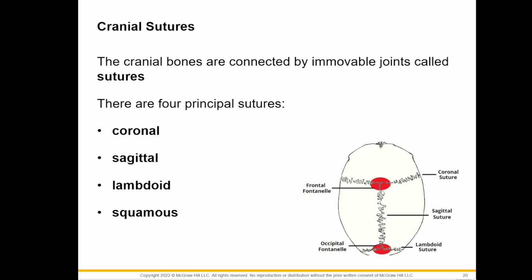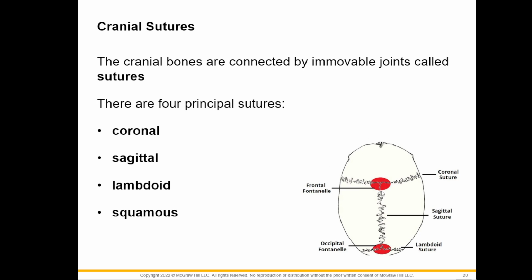The one that connects the two parietal bones to the occipital bone, we call that the lambdoid suture. So ito siya, lambdoid suture. And the one that connects the parietal bone to the temporal bone is your squamous suture. Unfortunately, we don't see it in this image anymore.